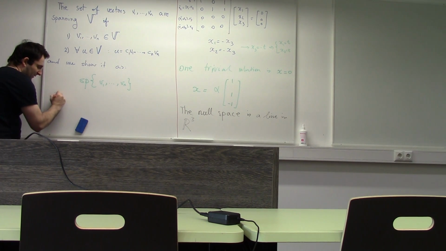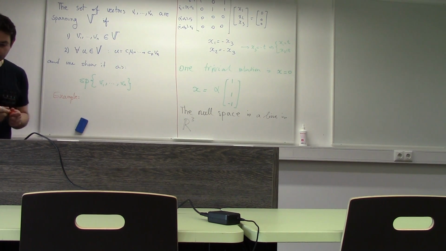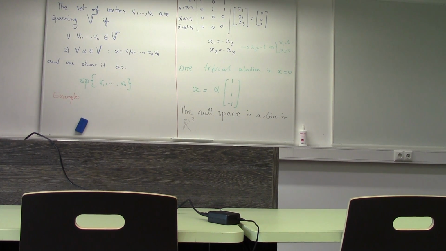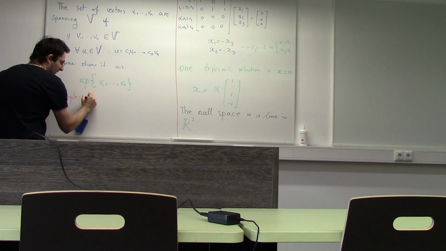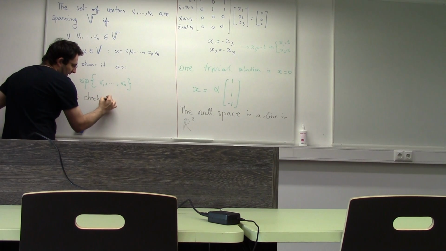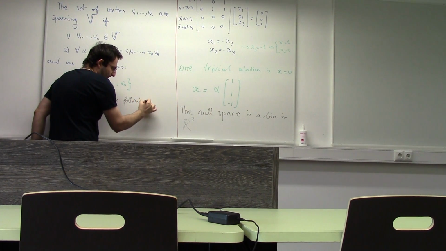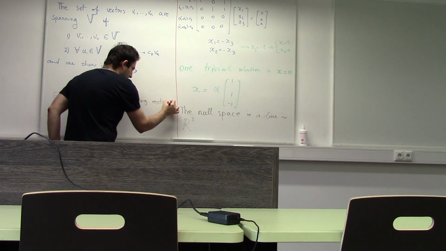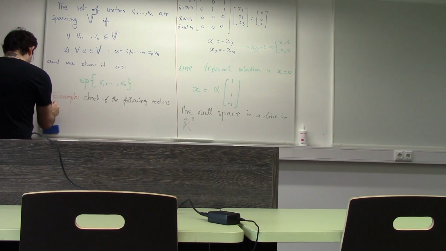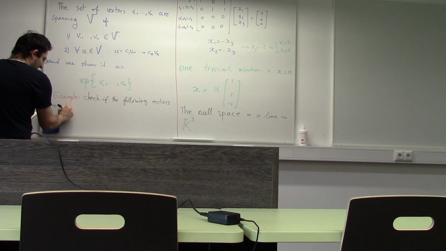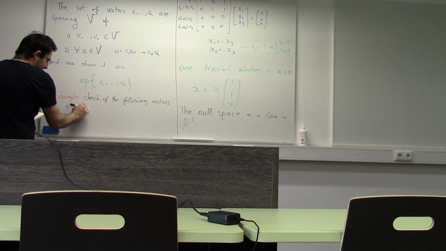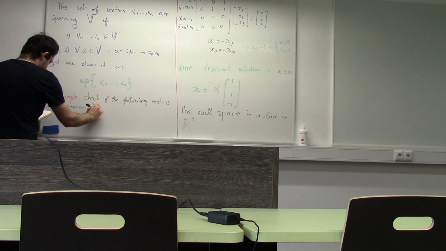So, as usual, let's do an example. And the example is this. Check if the following vectors are spanning R3.